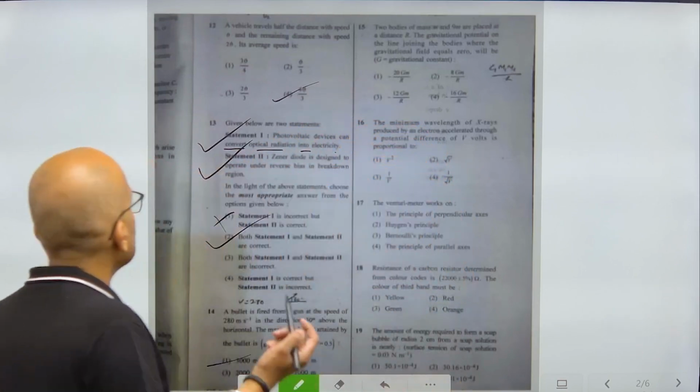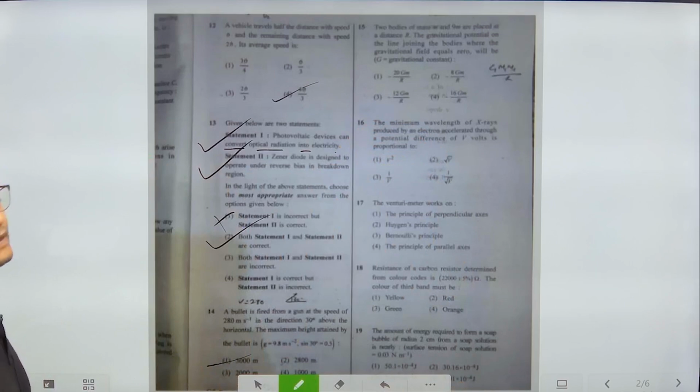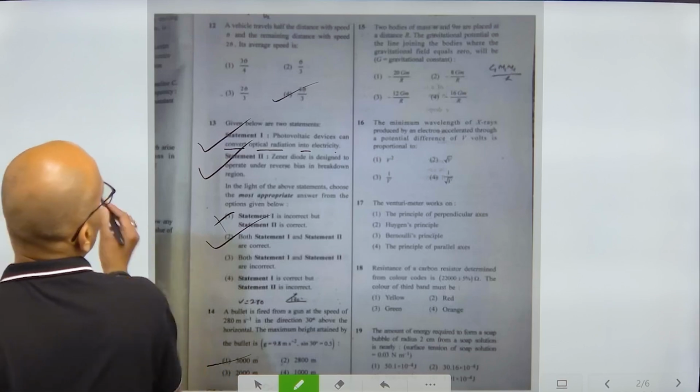So it is saying two masses are there, and the masses are M and 9M. They are placed at a distance of R from each other.